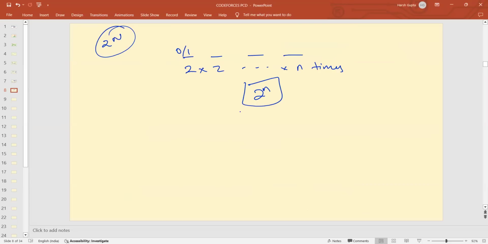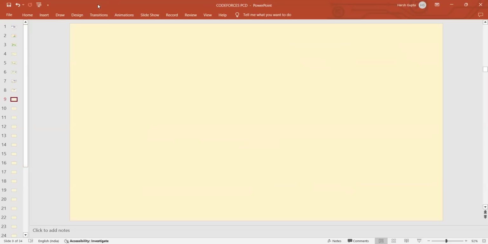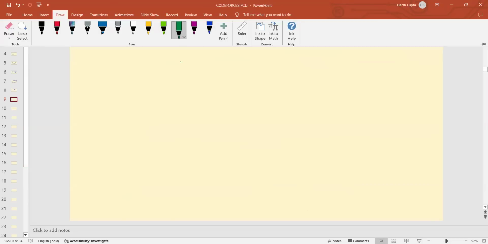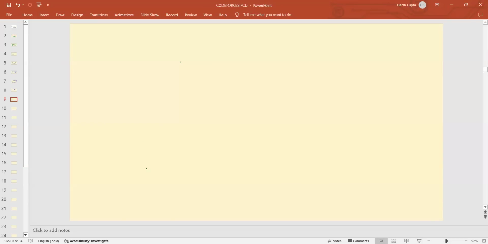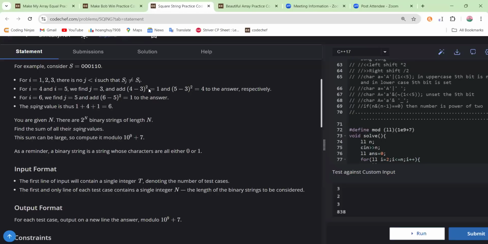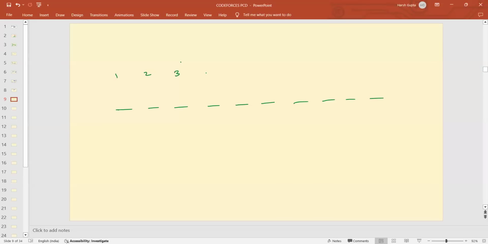Okay, so how to approach this? What I thought during the contest was that, okay, let's think index wise. I know that in this question, since we are calculating the differences, let's consider that this is index 1, this is index 2, 3, 4, this is some index i, 5, 6, 7, 8, 9.